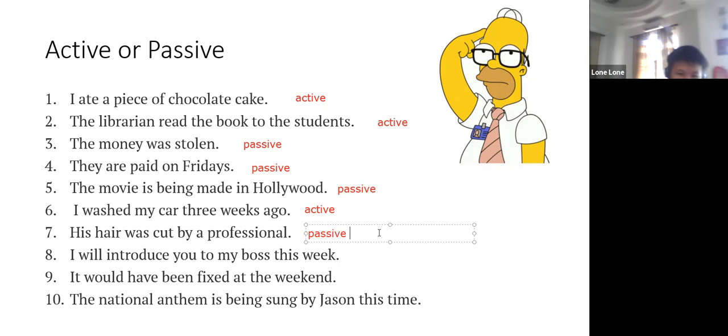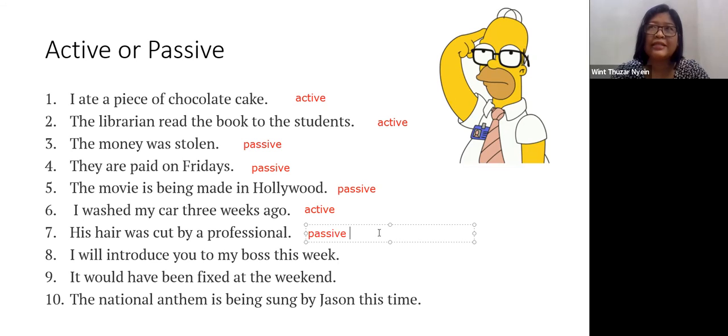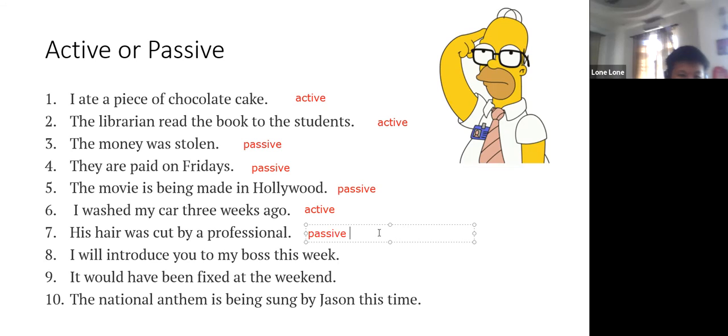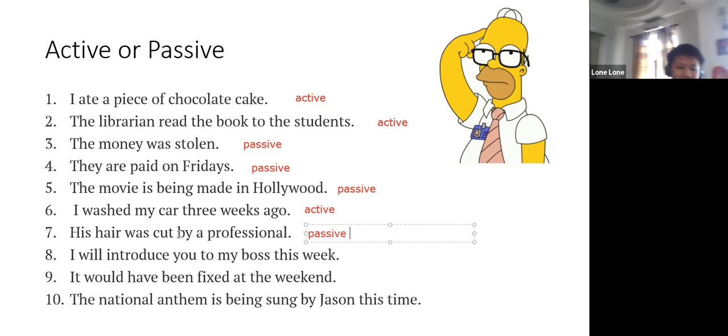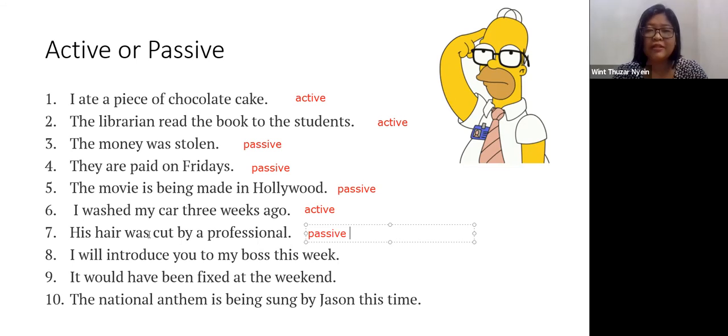Was cut, so it is the passive verb form. Changing back to active: The professional cut his hair. It will be past tense, verb 2. Okay.